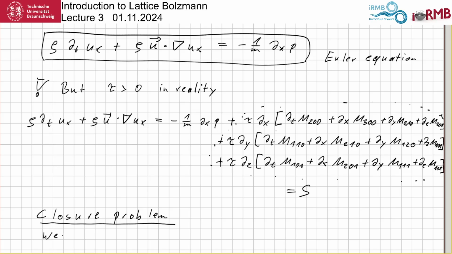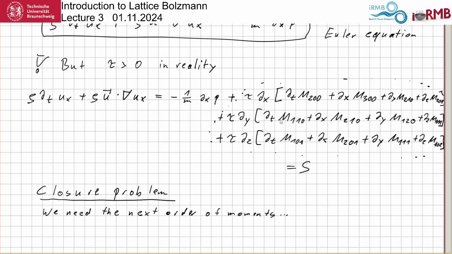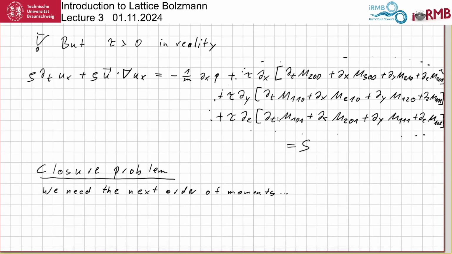So what is this? We need the next order of moments. We know how they look because we have countable moments. We can do this very easily, right?